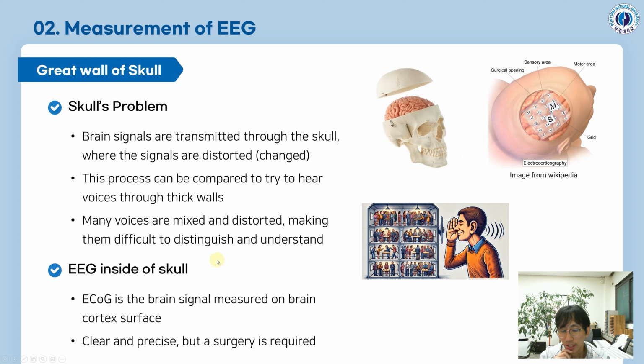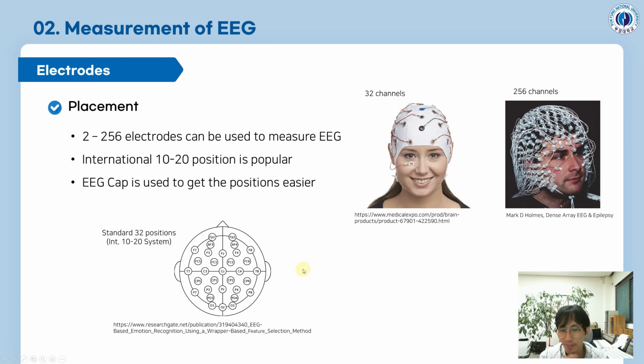So what I'm talking about now is that reading EEG is really difficult. So let's talk about EEG more. Okay, now I'm continuously talking about the electrodes, and these are the electrodes here.